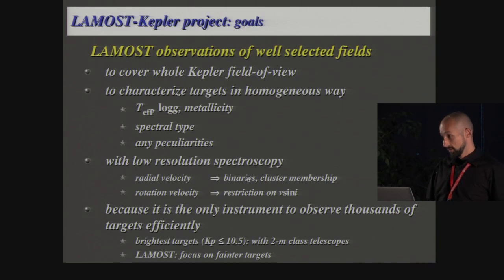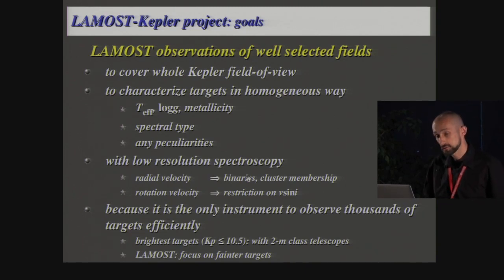We chose this facility because it's the only instrument that we have now that is capable of observing thousands of spectra in an efficient way. And because the brightest targets can also be observed with other smaller telescopes elsewhere, in this project we are focusing on the fainter targets.